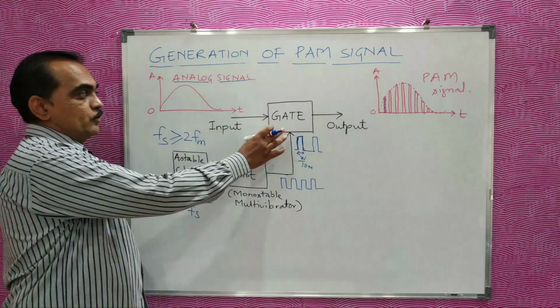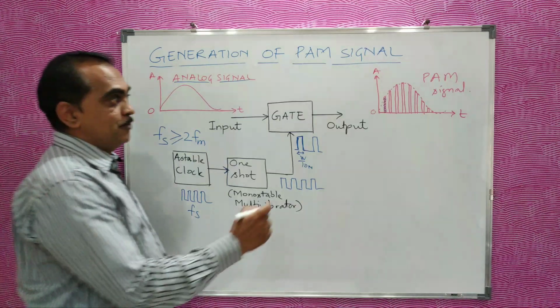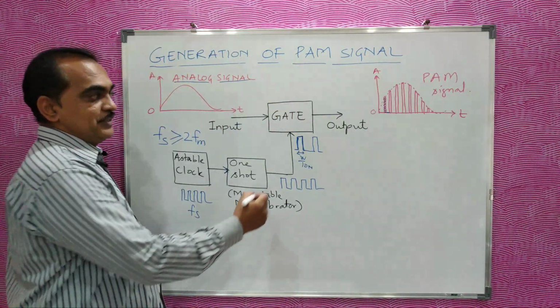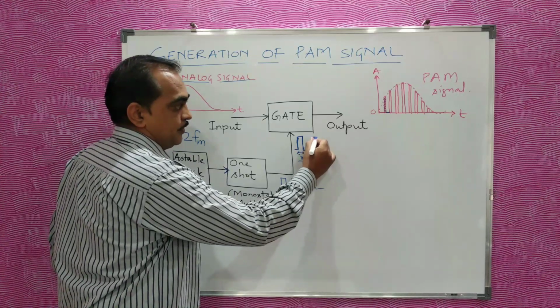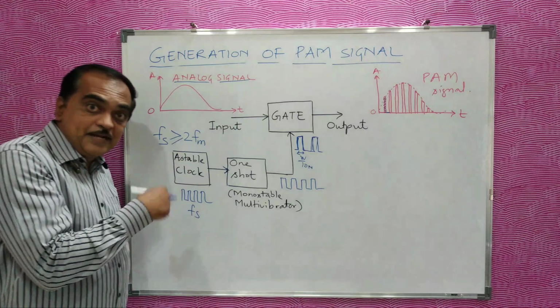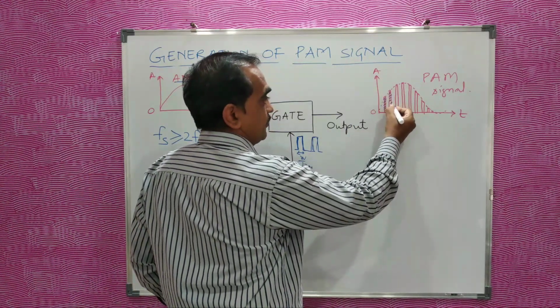When the gate is closed, no input is going to pass to the output. So this is the off time. Then when the next pulse comes, again the gate is open, and again the next sample at that particular instant of time, as shown here, will be passed.